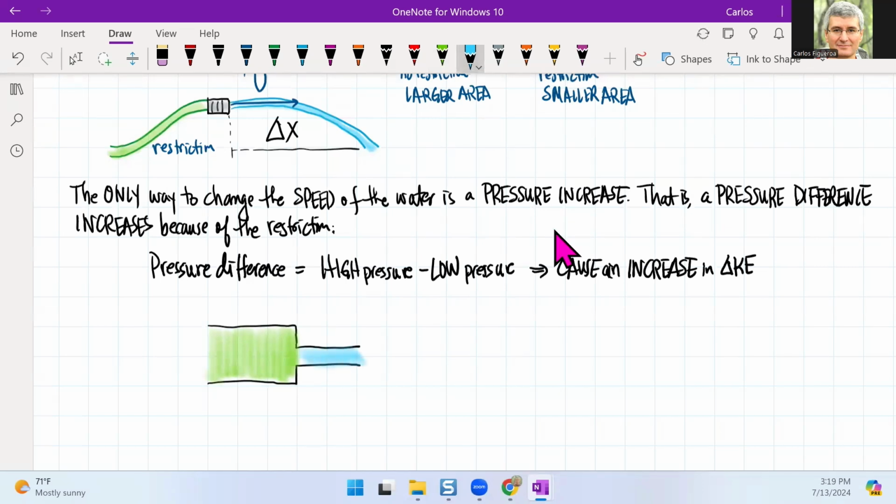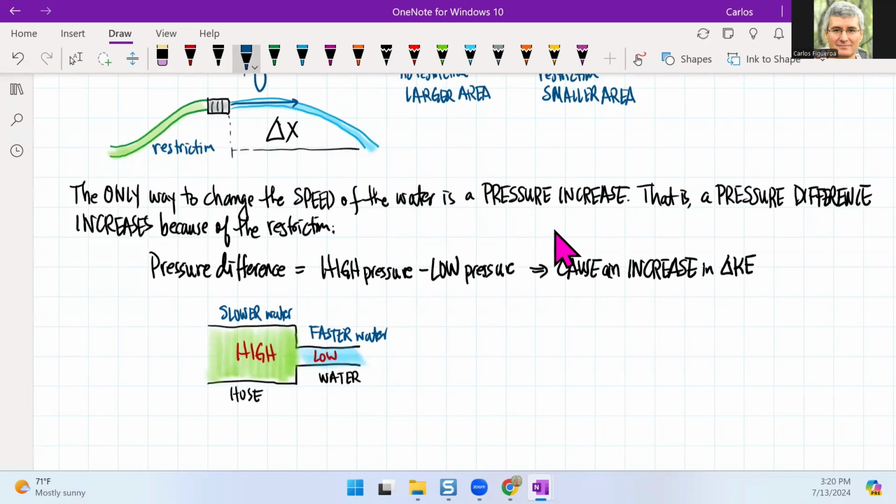I have my water, right? In this case, this is the hose, and this is the water that's coming out. What you're seeing here is that I now have a high pressure here, and this is a low pressure, and as a consequence, I now have slower water versus faster water.